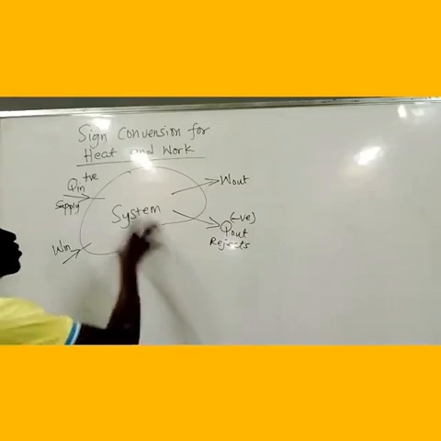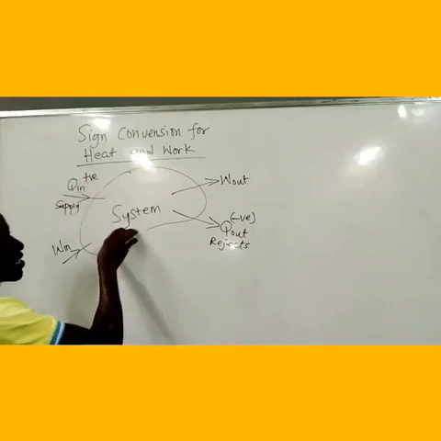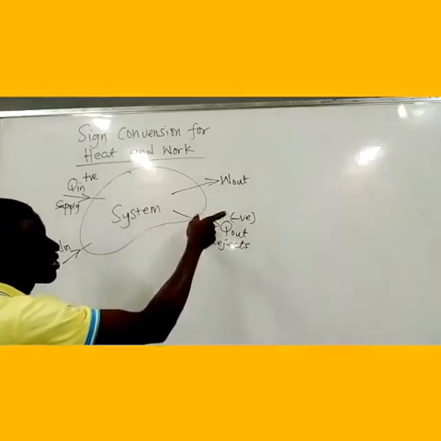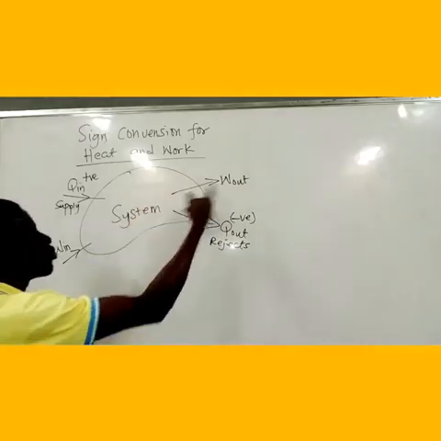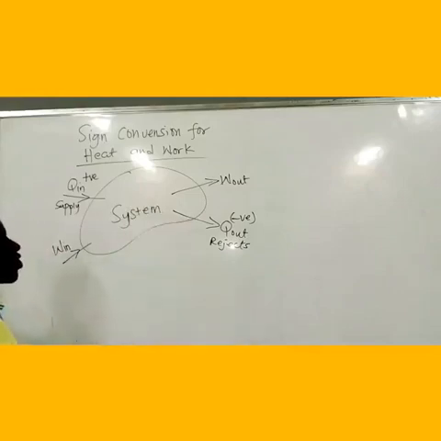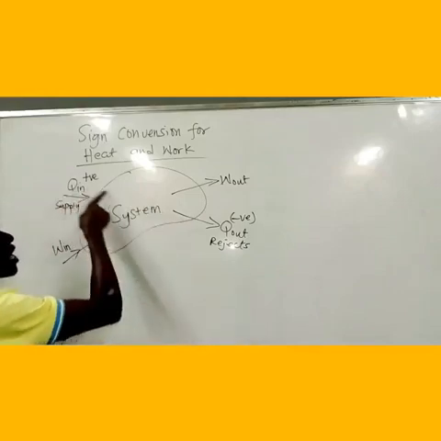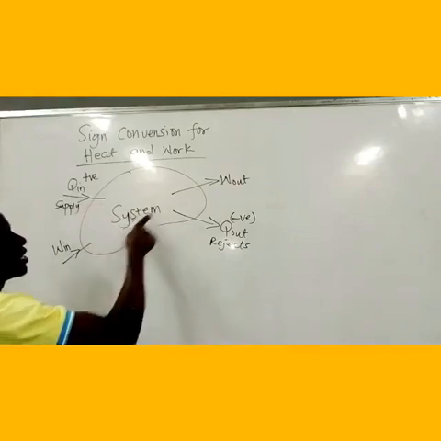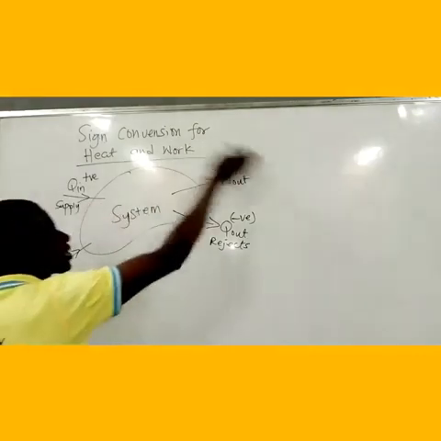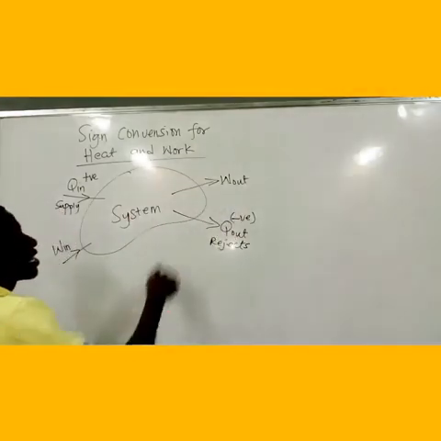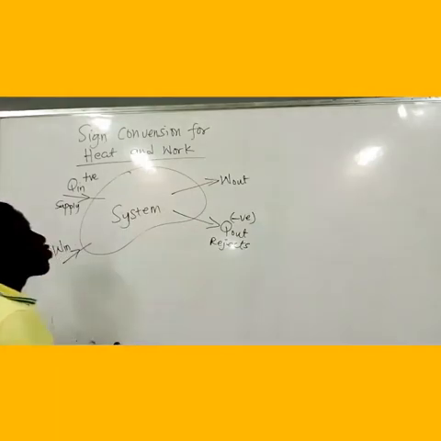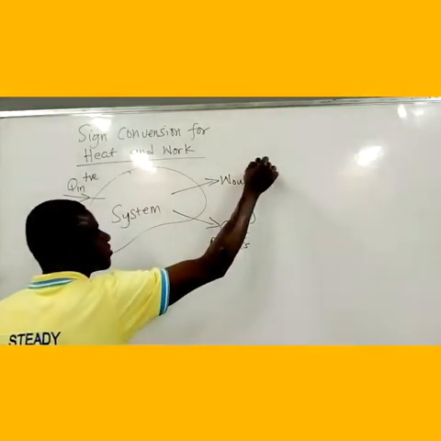So if you supply heat, that heat must produce work. So work will be produced from the heat that you supply. If you supply heat into a system and that heat does work, it means that the system is doing work on the surrounding. So we say it is positive.